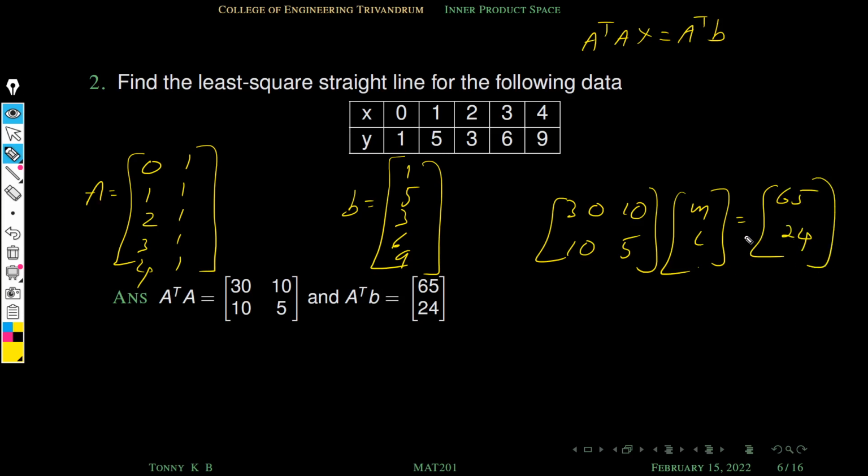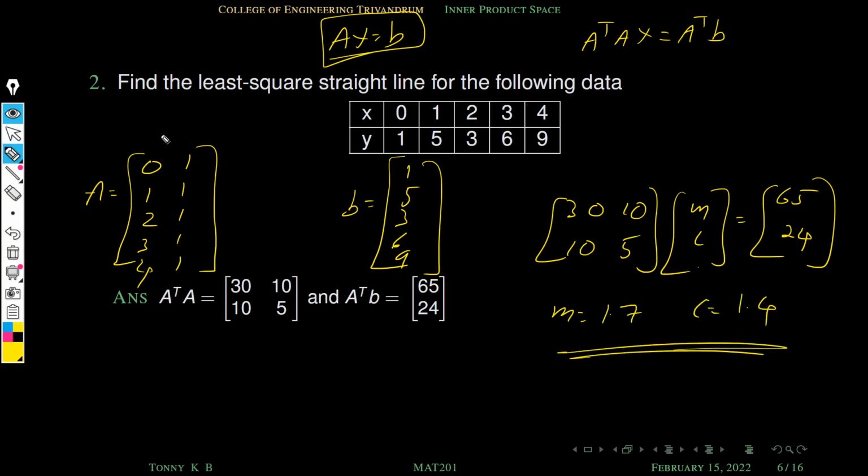This system is consistent. Whatever our system Ax equal to B, even though it is inconsistent, this normal system is always consistent. You can solve it. By solving the system, we can find m and c. Here m equal to, I think, 1.7 and c equal to 1.4. So these are the solutions of the system. Now we are ready to write our best straight line for this data.